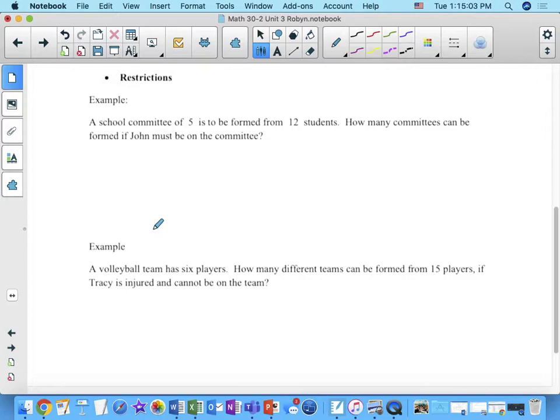Well, if John's got to be on the committee, how many people do we actually have to choose? 4, because John's going to take up one of the positions. So if John's going to be on the committee, then we need 4 more people. So we're only going to choose 4.